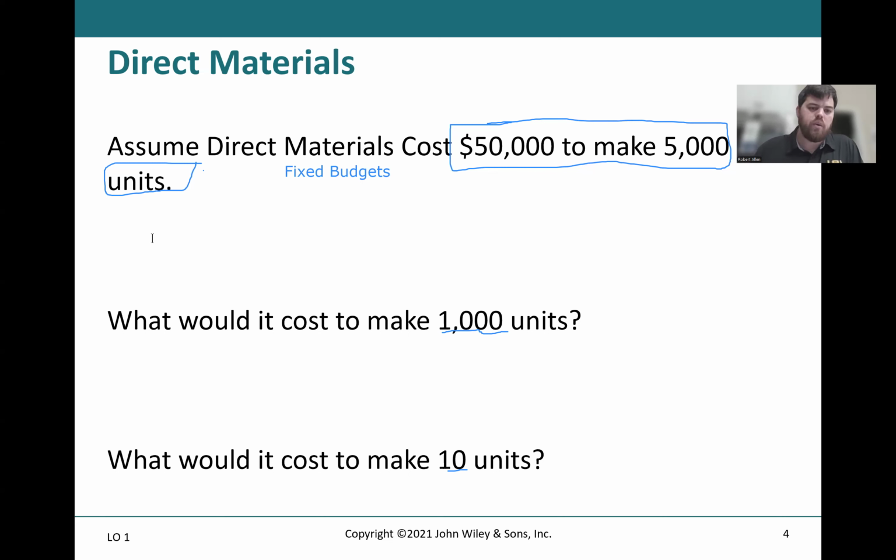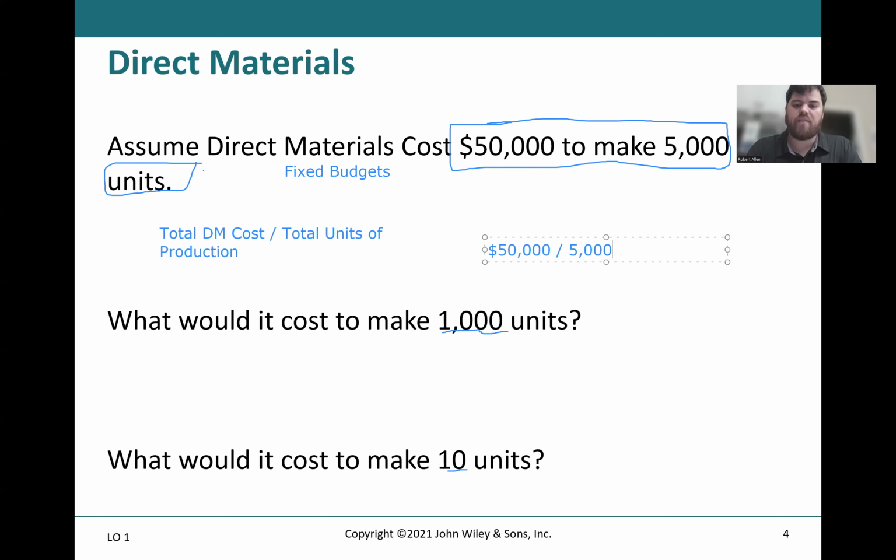So in this case, we're going to start by taking my total direct materials cost divided by my total units of production. So in this case, that will be $50,000 divided by 5,000 units. This comes out to be $10 per unit.